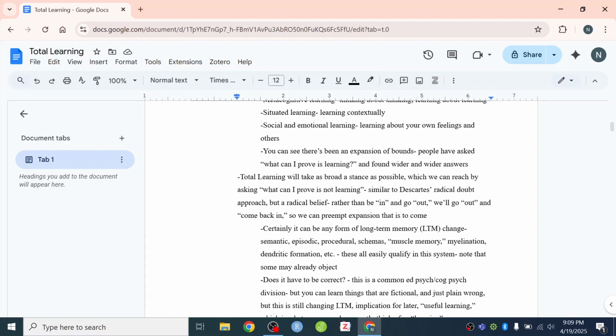You've learned fictional information in that sense, false information in that sense. But clearly, there's still a change in your long term memory. And because we are going to accept a very broad definition of learning, we're certainly not going to reject some learning that you've done just because it's incorrect learning, just because you've learned something that does not map to empirical reality.